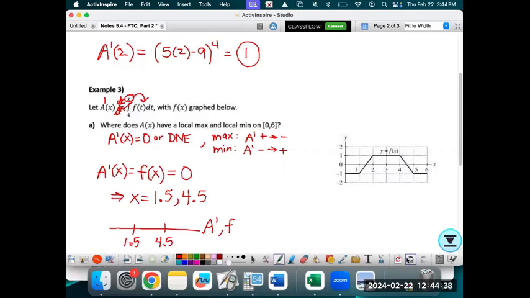So before 1.5, which is here, we have negative values. And then after 1.5, we have positive values. And then after 4.5, these are all negative values.